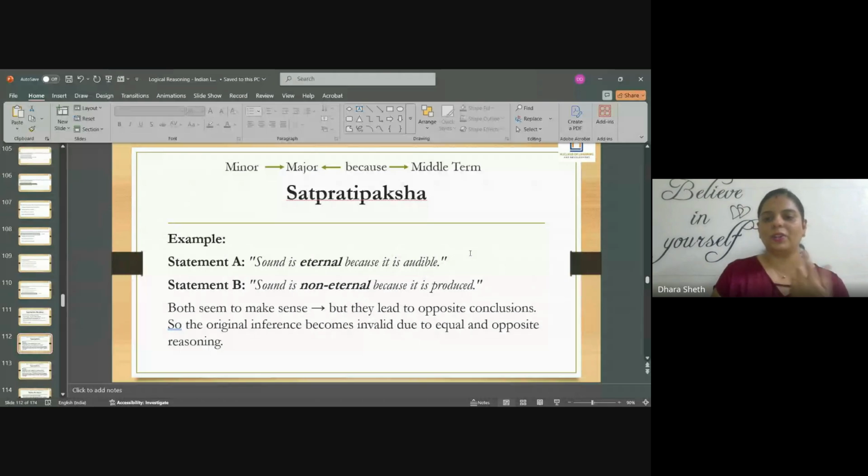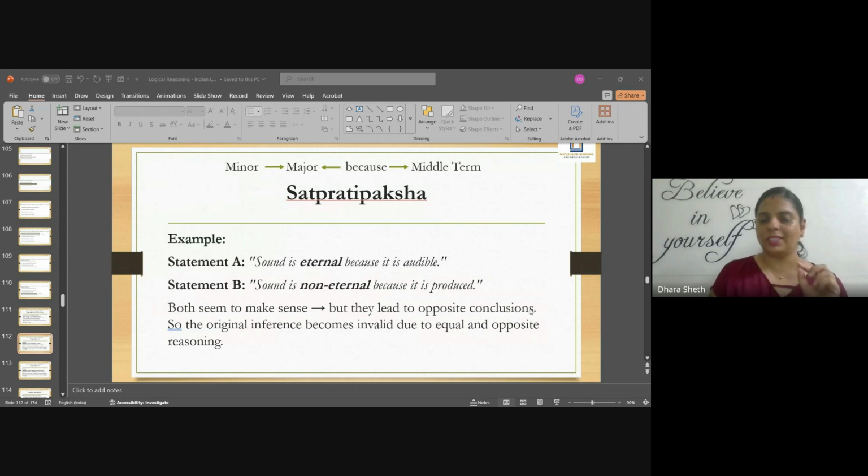Sound is eternal because it is audible. Sound is non-eternal because it is produced. Both seem to make sense, but they lead to opposite conclusions. So the original inference becomes invalid due to equal and opposite reasoning. And what we have learned about rules of middle term, there should not be equal and opposite reasoning. There should not be a fight between the middle terms.